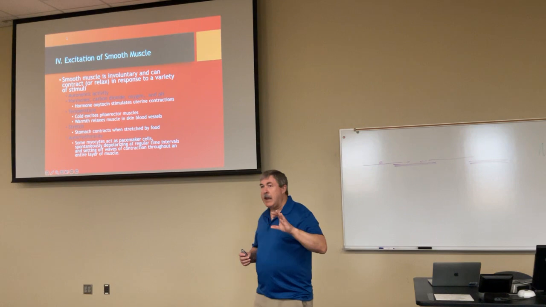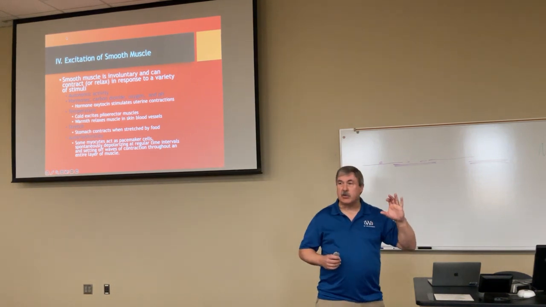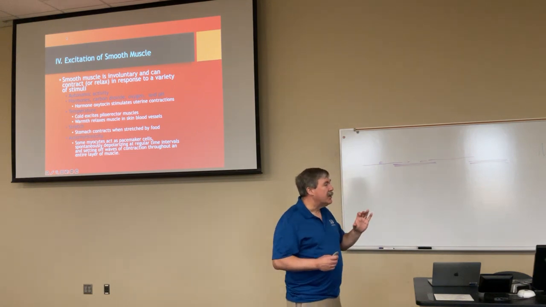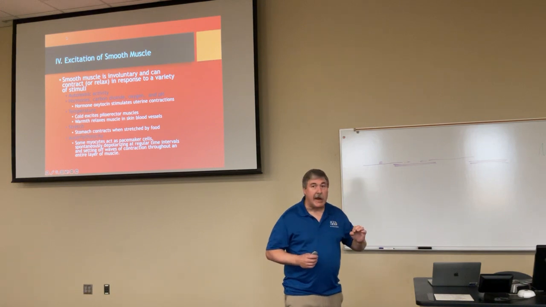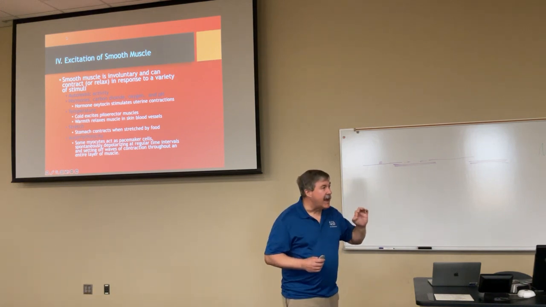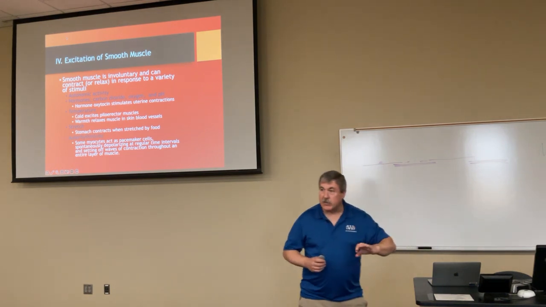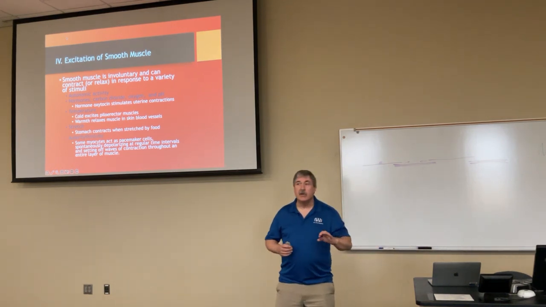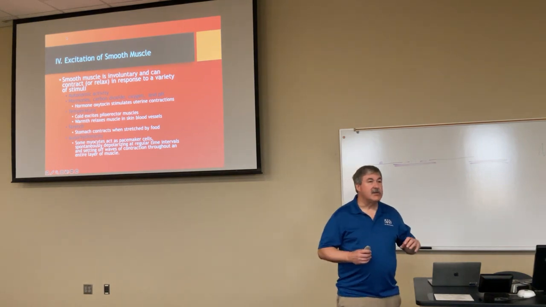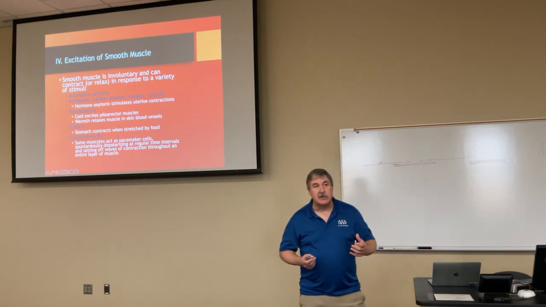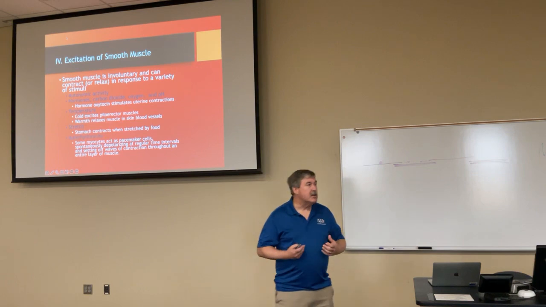In order to regulate the rate of filtration, when those blood vessels stretch, that stretches the smooth muscle fibers, and that stretch stimulates them to contract, which causes the diameter of the blood vessel to decrease, thereby decreasing the flow of blood to the kidneys. So that's called a myogenic mechanism. It's due to contraction of smooth muscle in response to stretch.